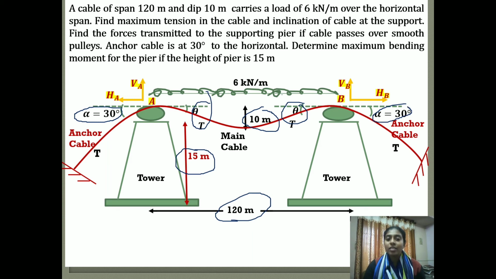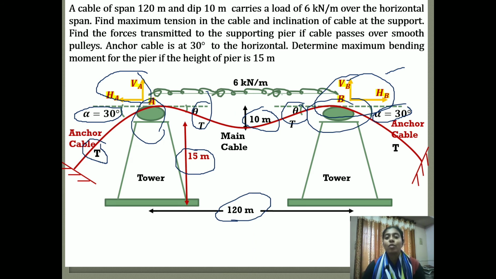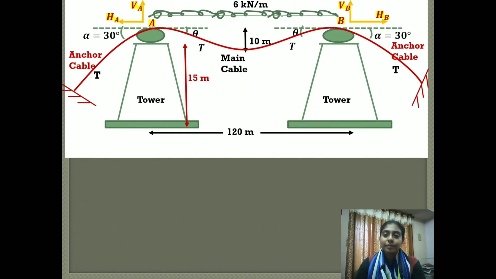Now at the support A we have a vertical reaction and horizontal thrust. At the support B also we have a vertical reaction and horizontal thrust. Now we have the pulley support. Since it is a pulley support, the tension in the anchor cable is the same as the tension in the main cable, and that is taken as capital T. Same diagram.